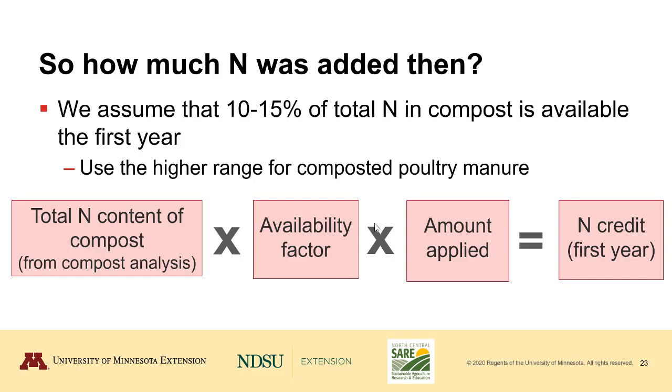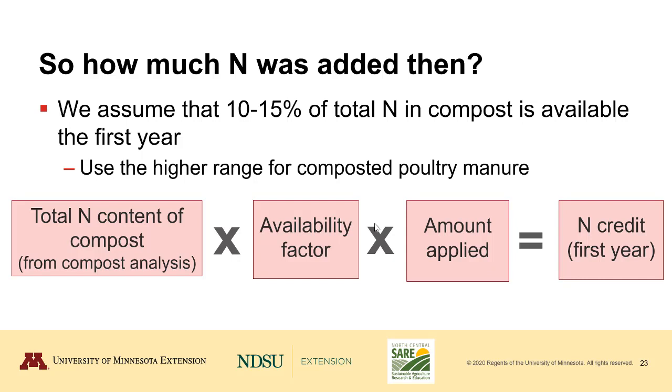And generally speaking, we use the lower end for cattle, sheep, goats, etc., the 10% for that. And we do use a bit of a higher range for composted poultry manure. Since that has a really high starting value of nitrogen, it tends to have a little higher availability in the finished product as well.